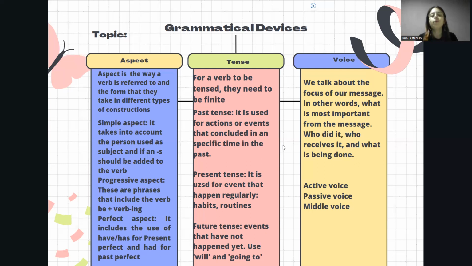Well, both of those things, because we're saying was written, that something happened, but then we say by Edgar Allan Poe. When I say by Edgar Allan Poe, I'm talking about the person who wrote that book. I'm not talking about the person who received it. So we always need to have this in mind.